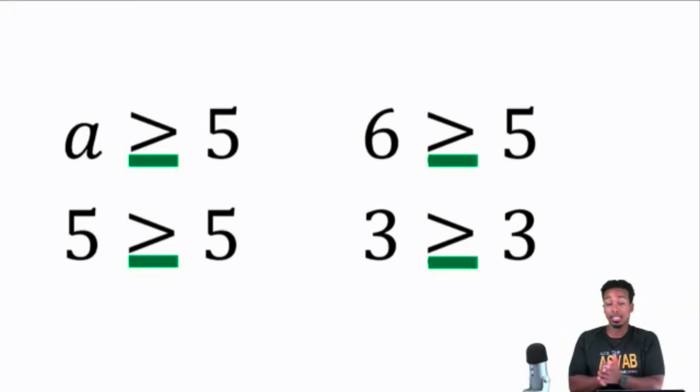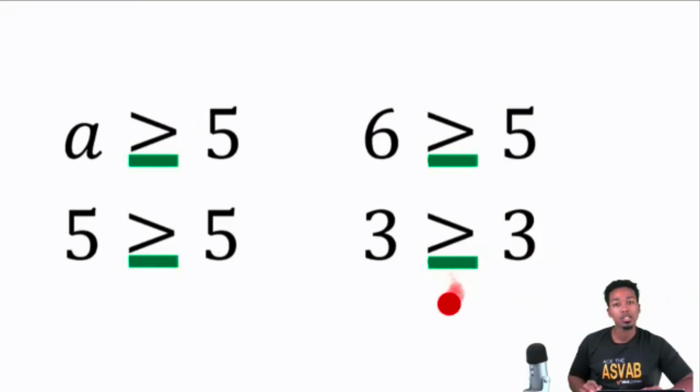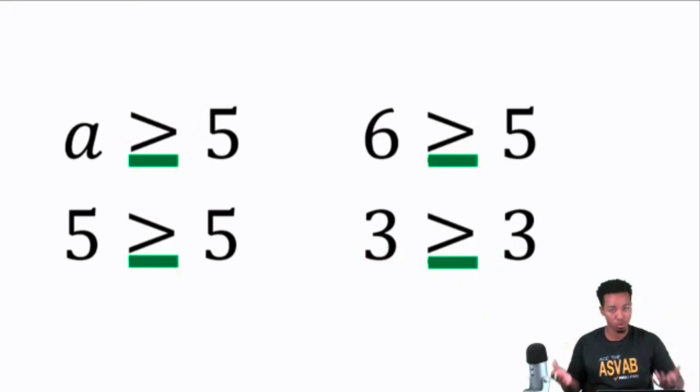It's saying it's either greater than or it's equal to. Whichever one is true, we're good. If they're both false, then the whole thing is wrong. But if one of those is good, then we're all good. That's why 3 is greater than or equal to 3 still works, because 3 is equal to 3. So this part makes it true.